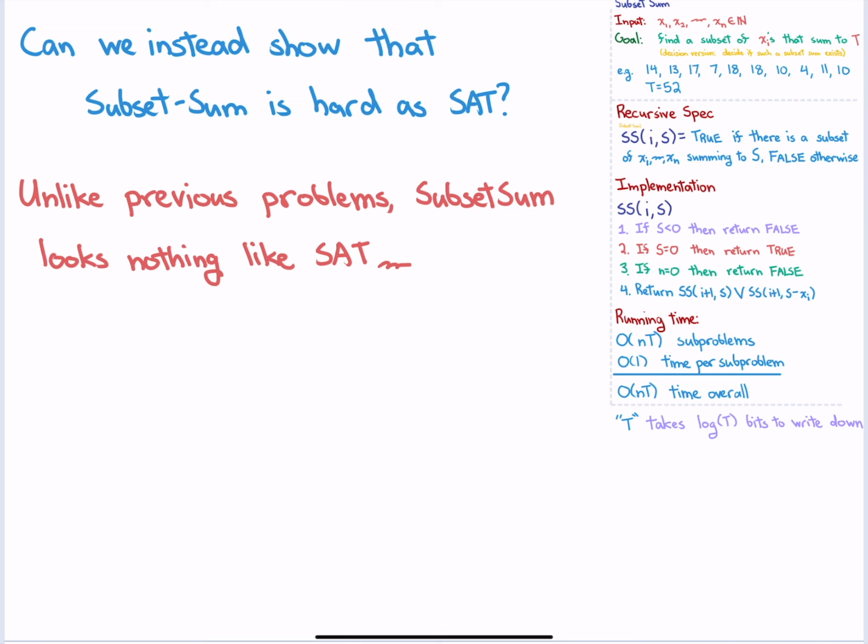Maybe it's more believable that 3 SAT is as hard as SAT because at least the word SAT is in the name, and the same with max 2 SAT. That was more palatable, easy to digest. It doesn't quite explain why 2 SAT turned out to be easier, but still, there's something Boolean-ish going on.